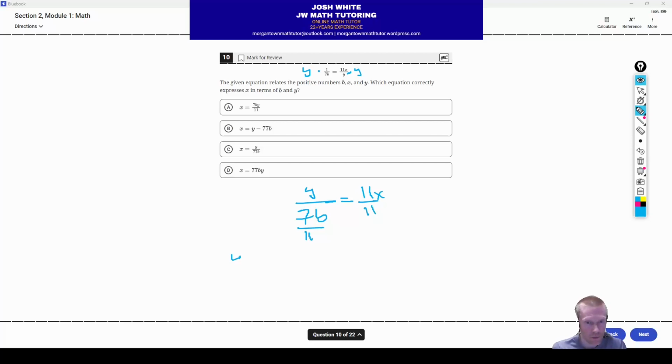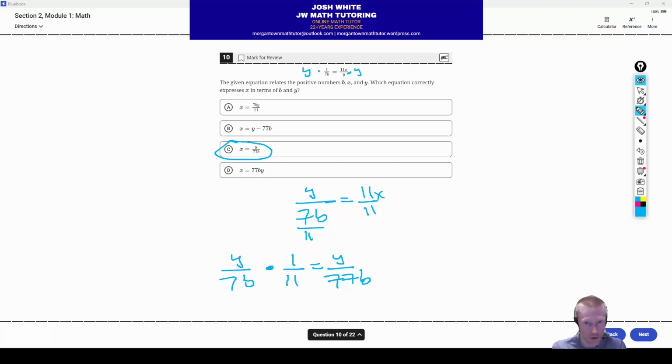So it's technically y over 7b, okay, divided by 11. So what that really turns into is basically you do state change flip. So first thing stays, division changes to multiplication, then you flip, and the 11 goes to the denominator, so you get y over 77b. So the correct answer for this one is letter C.